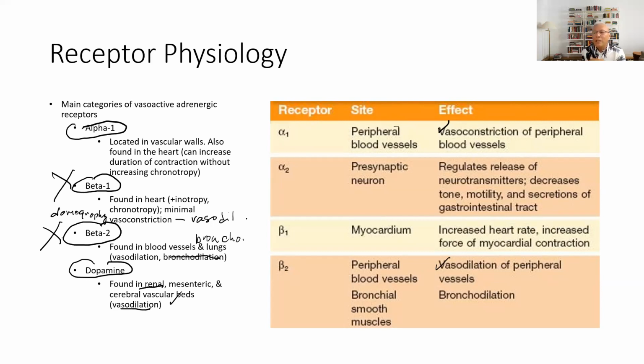Okay? And that is the reason why we have drugs nowadays that only will block beta-1 and not beta-2. So if they block only beta-1, we call this cardioselective. It only blocks the effect in the heart.